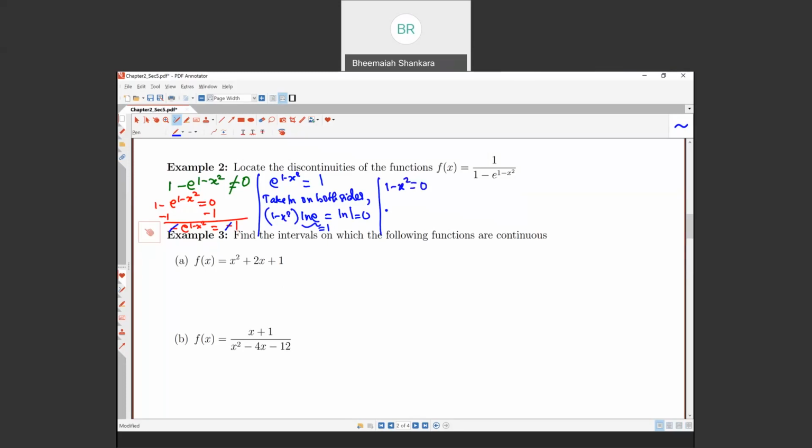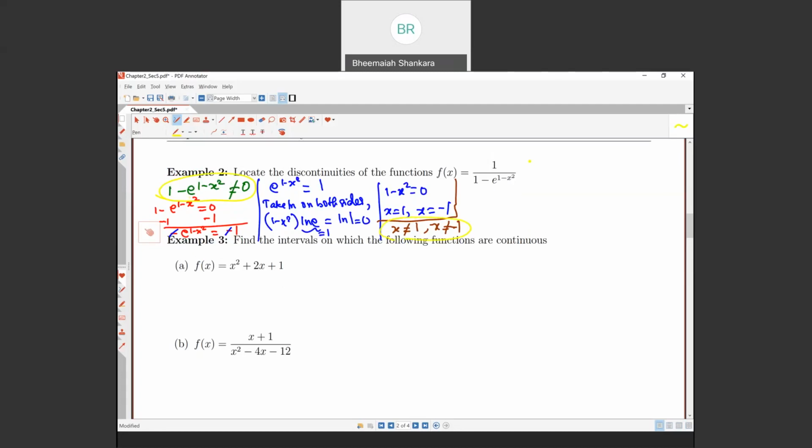Solve for x, you have x equals 1 and x equals negative 1. But remember, we were solving an equation with a not equal to sign. So at this point, I want you to add that not equal to sign by writing x is not 1 and x is not negative 1. Just for the sake of convenience of solving, we had an equal to sign in every step. Note that the very first step was not equal to, so towards the end your result should be not equal to.